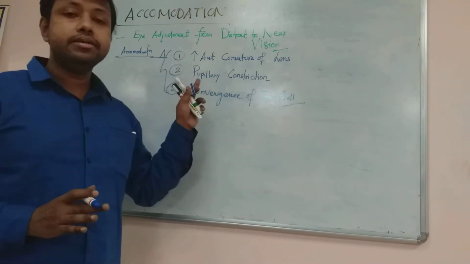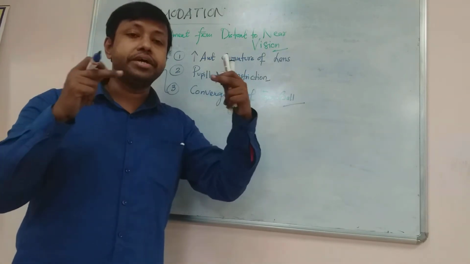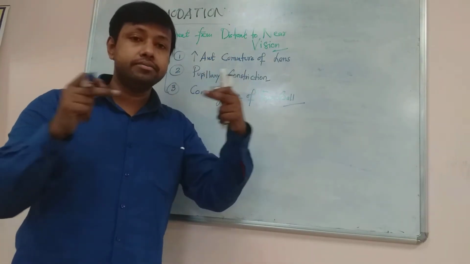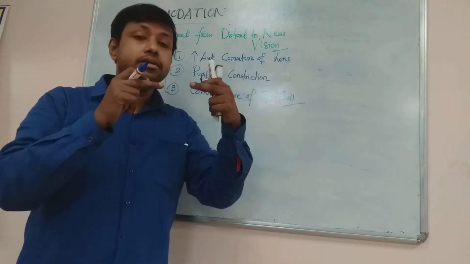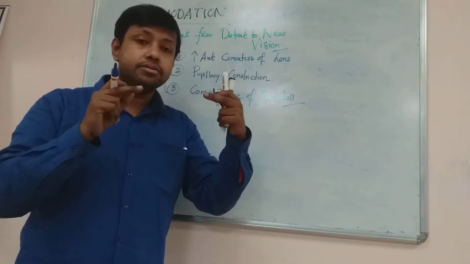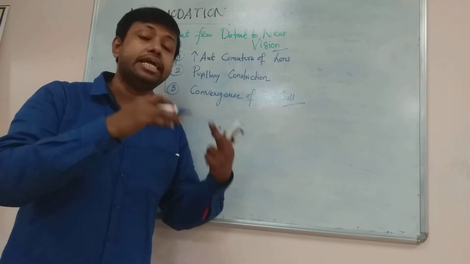So what is pupillary? What is pupil? Pupil is the aperture of the eye, and this pupillary aperture size is responsible for controlling the amount of light that enters into the eye.